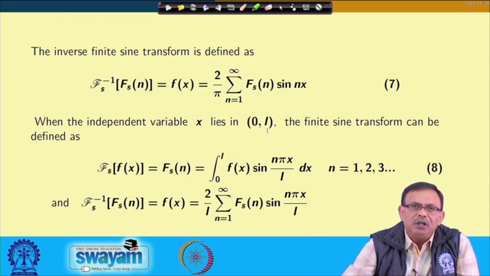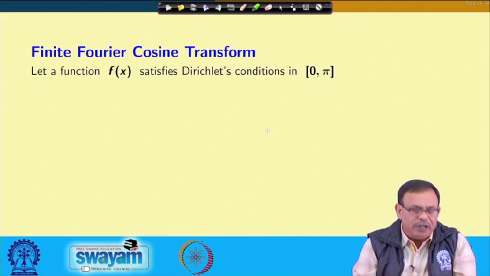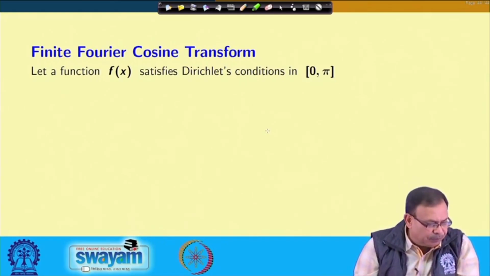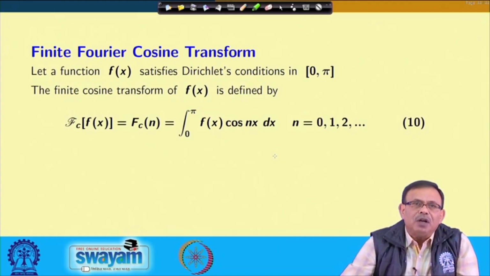In the same way, we can define the finite Fourier cosine transform, and this we can define like this. The finite cosine transform of f(x) is f_c(n) equals integral 0 to pi f(x) cos(nx) dx, n varies from 0, 1, 2.